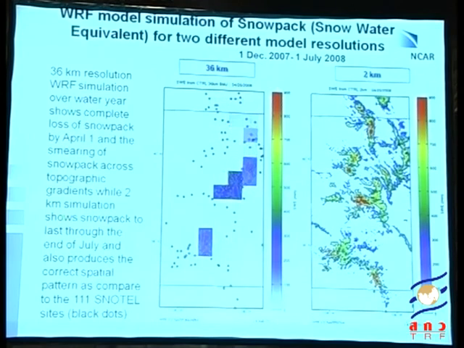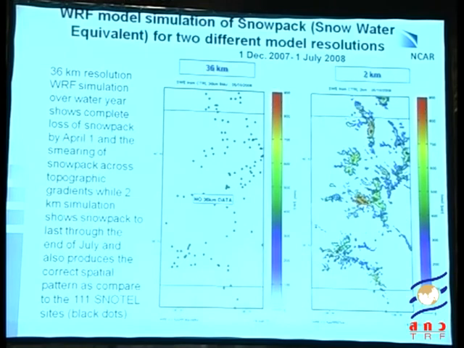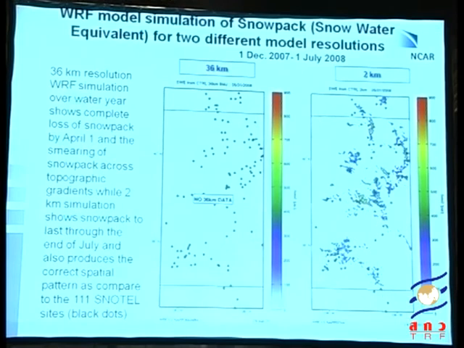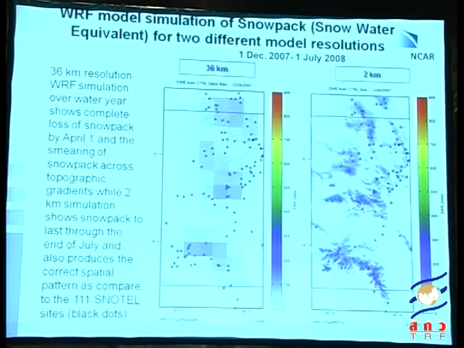This is now the end of April, and by the end of April, it's gone. Whereas in the 2 kilometer, we still have 2 more months of snowpack remaining. So again, if you're trying to do a dynamical statistical downscaling, if you have no precipitation or no snowpack, you really can't do a very good job of statistical downscaling.